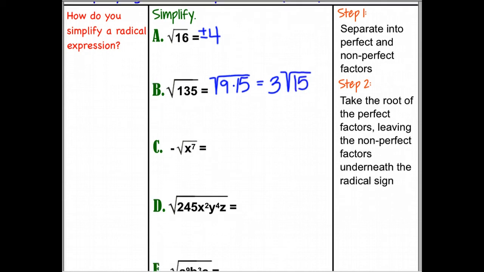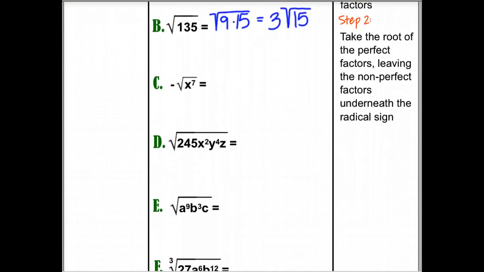Looking at it when we have some variables in the mix, I know that I'm going to need my negative, and I know that x to the 7th is not a perfect square, but if I have an even exponent, that will be, so we can break it down into x to the 6th times x. If you would like, you can break x to the 6th into x squared times x squared times x squared and square root it that way.